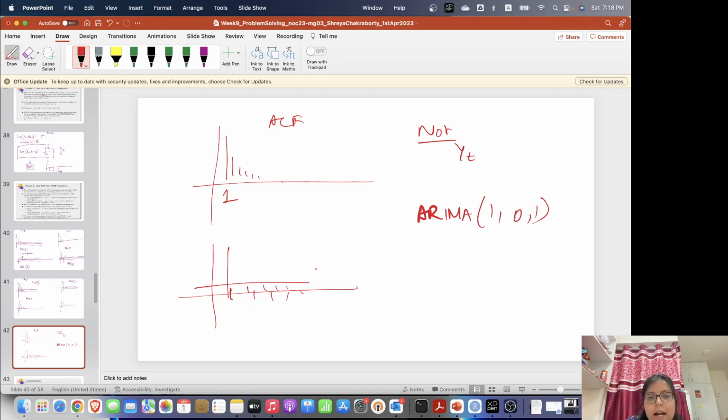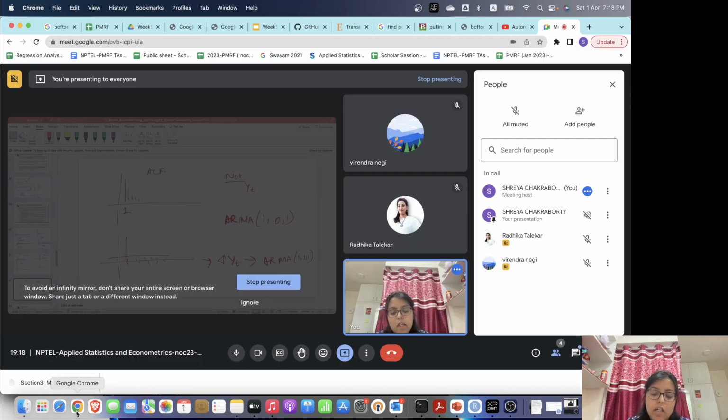But if this pattern is observed for, let's say, delta Yt, then we would go for an ARIMA 111, something like this. Okay, is the idea clear how graphically we can look and conclude?